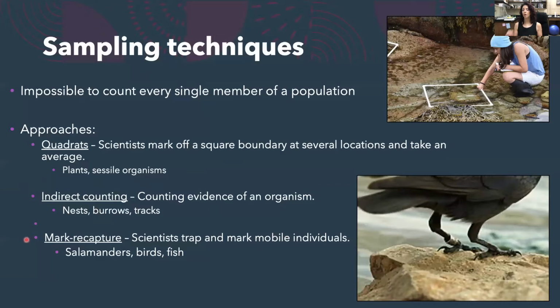Next, we have mark recapture. And this is when scientists trap and mark mobile individuals for future tracking. This is used for keeping up with populations of salamanders, of birds, of fish. And the way scientists use mark recapture is they use the ratio of marked and unmarked individuals during a second sampling campaign.